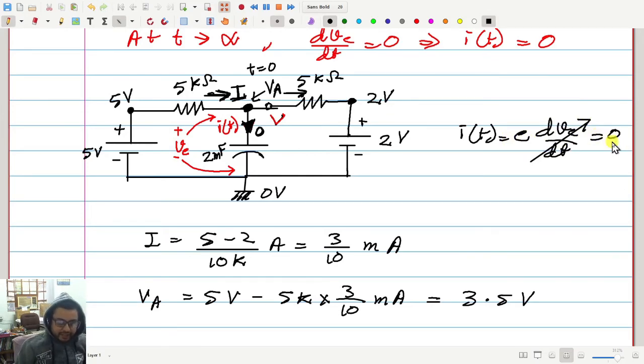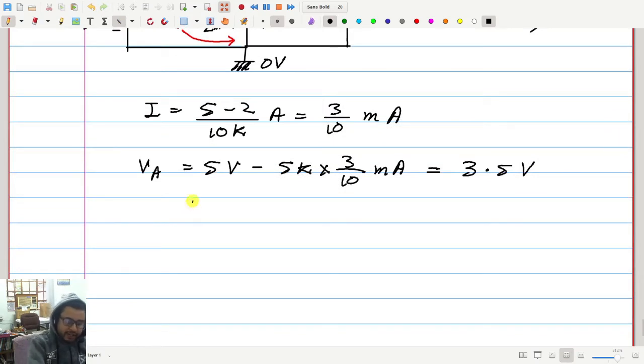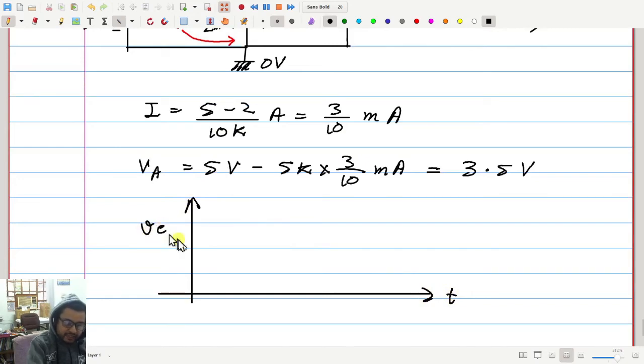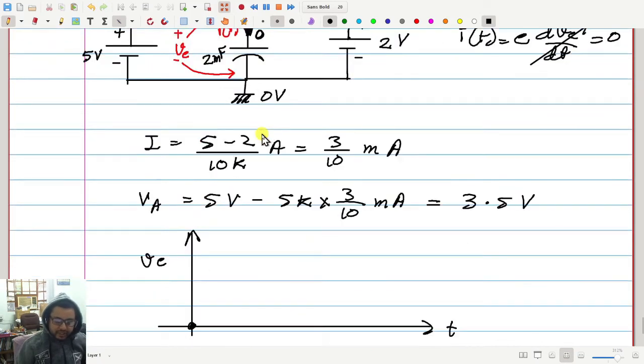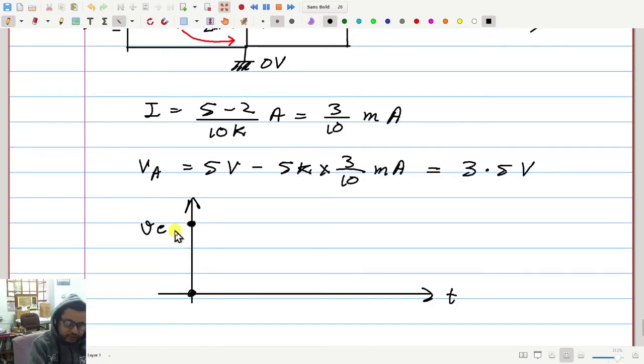Okay, acha. So if we plot a graph of time versus capacitor voltage Vc, then initially the capacitor voltage was how much? 5 volt. So let it be here 5 volt, and this is time t equal to 0.